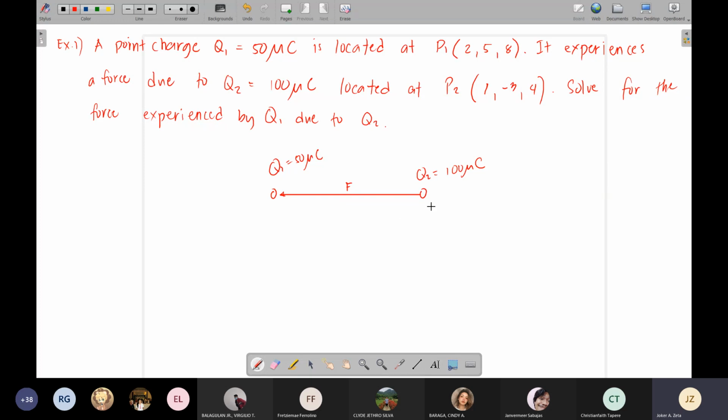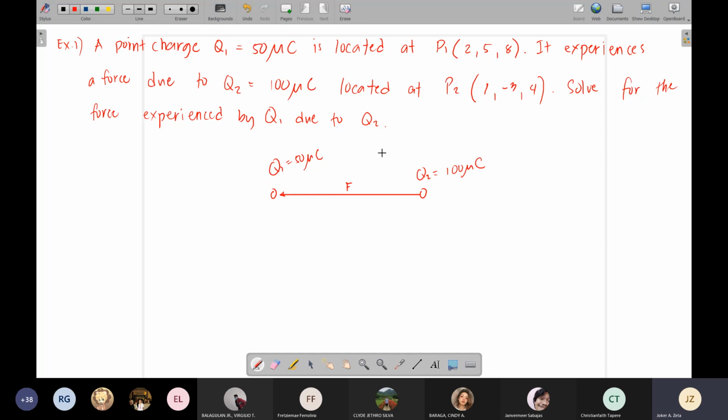Well, technically, pwede sad na, no? Si Q2 naka-experience sad og force. The problem is, gi-specify man sa atong example nga si Q1 ang naka-experience. So, we have to follow unsay gipangayo ni problem. Kung maghimo kag imuha, dapat kag chance nga wrong na imong answer. So that's why you have to follow unsay gi-specify sa problem nga direction.